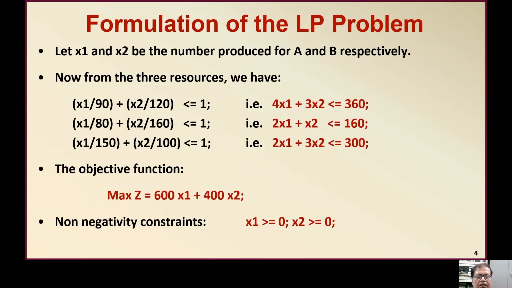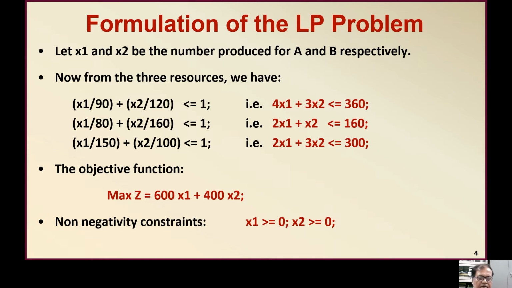So all that is mentioned here, that is x1 and x2, are the numbers produced for A and B respectively. From the three resources we have, x1 by 90 plus x2 by 120 is less than or equal to 1, x1 by 80 plus x2 by 160 is less than or equal to 1, that is the second resource, and x1 by 150 plus x2 by 100 is less than or equal to 1, that is the third resource.